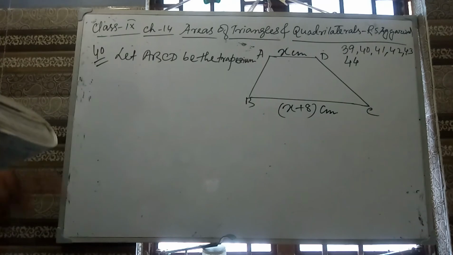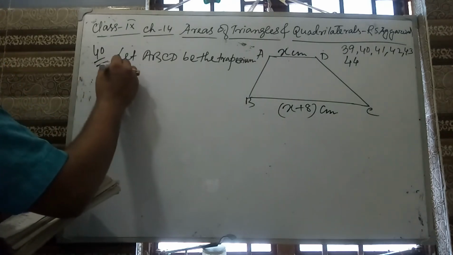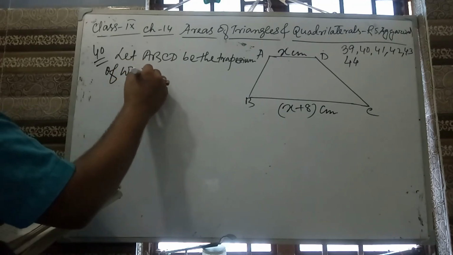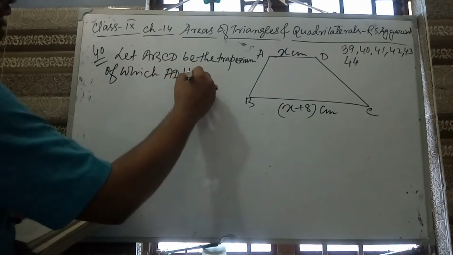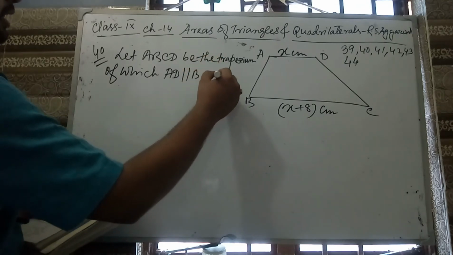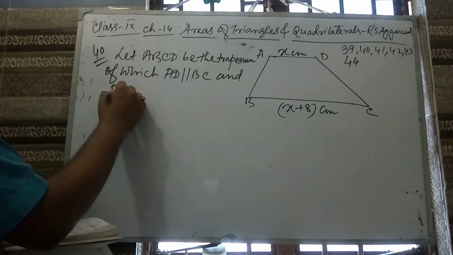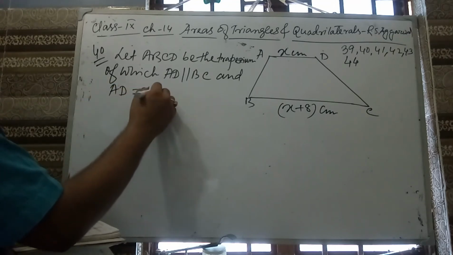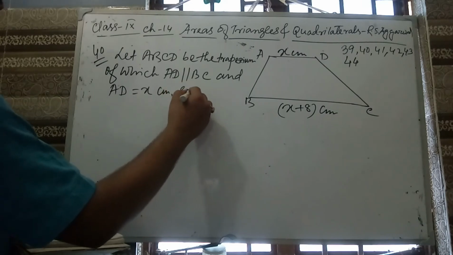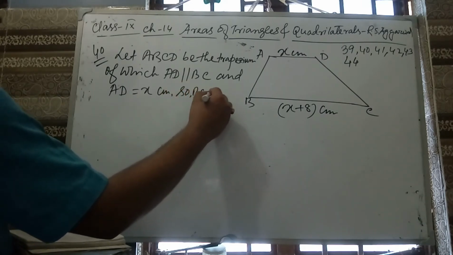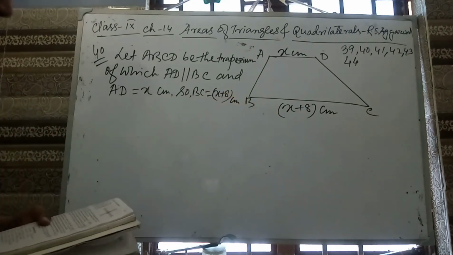Okay. So write down, let ABCD be the trapezium of which AD is parallel to BC and AD equal to x centimeter. So BC equal to x plus 8 centimeter.